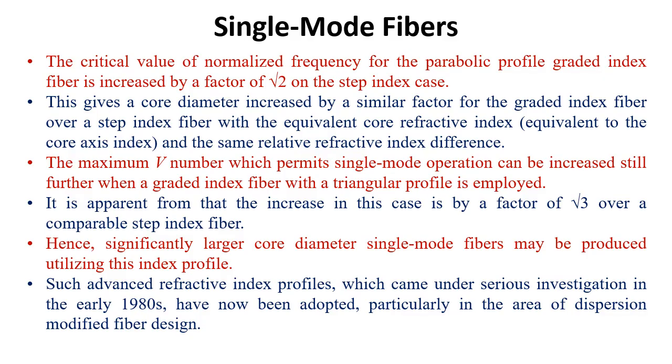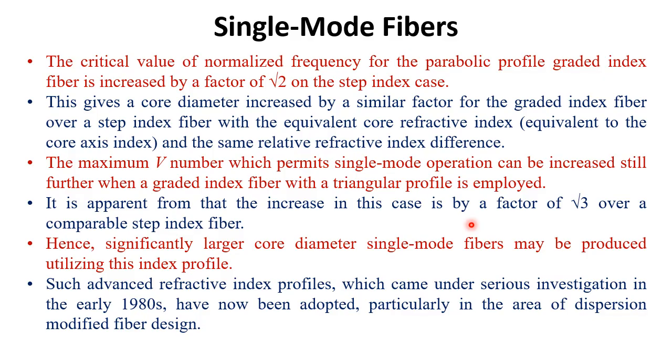Such advanced refractive index profiles, which came under serious investigation in the early 1980s, have now been adopted, particularly in the area of dispersion modified fiber design that will be discussed later on. But one of the major applications of graded index fiber we can see is in the design of single mode fiber, where we can increase the core diameter by some factor, right?